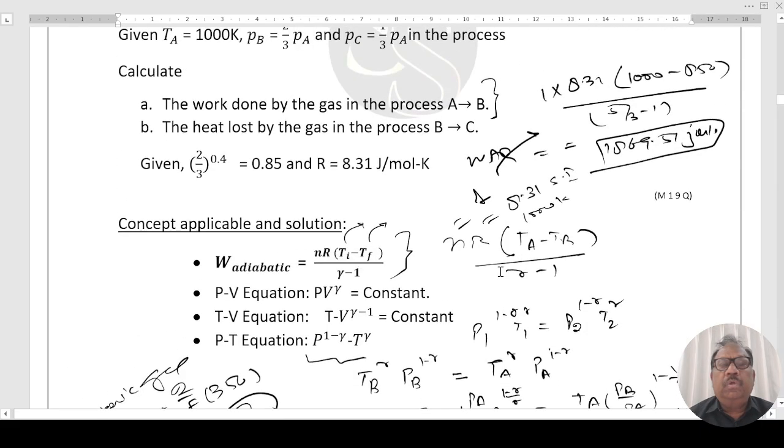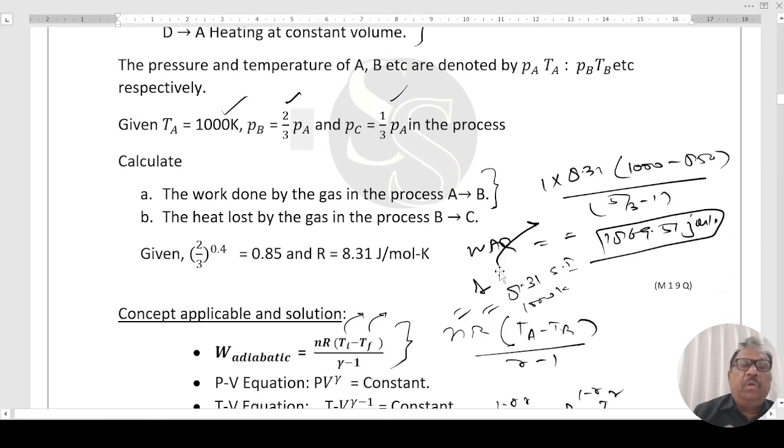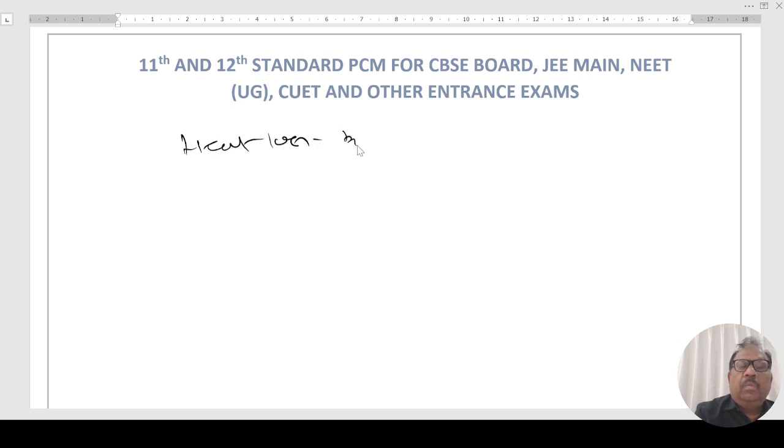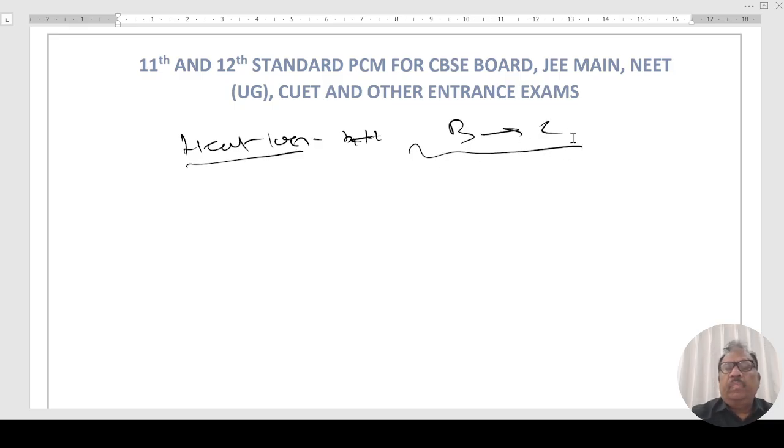Second part is the heat lost by the gas in the process B to C. B to C is isochoric.